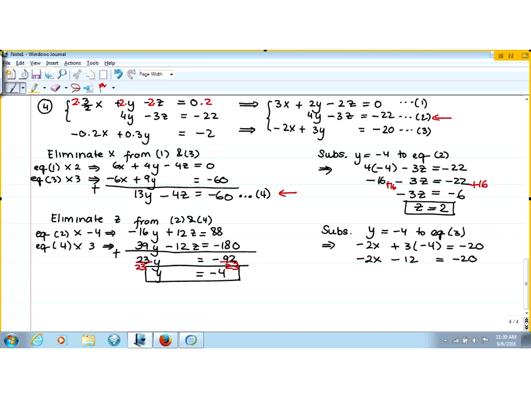Then what am I supposed to do? You add 12 both sides, so -20 plus 12 is -8. So what is x? 4. So the solution is x equals 4, y equals -4, z equals 2.